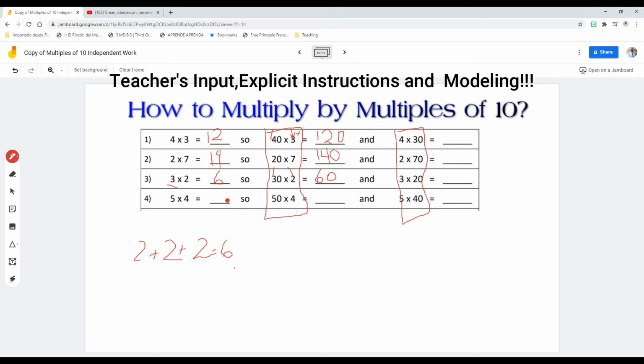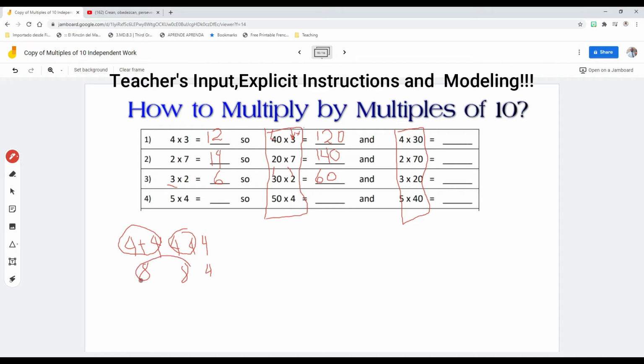Here, 5 times 4. We are going to count 5 times 4 to get the product. 1 times 4, 2 times 4, 3 times 4, 4 times 4, and 5 times 4. Now we are going to group them to find our answer. 4 plus 4, 8. 4 plus 4, 8. And we still have a 4 here.